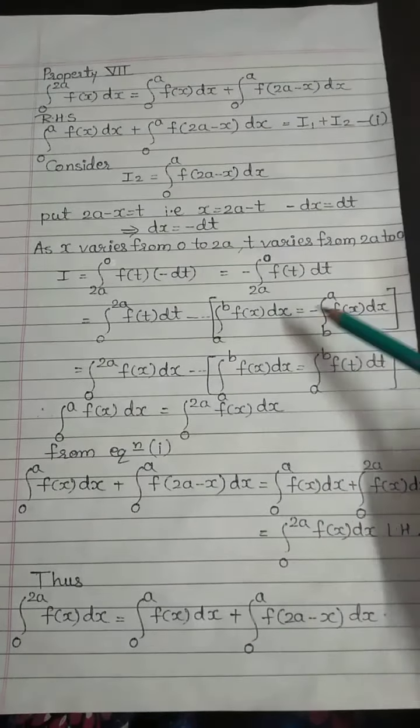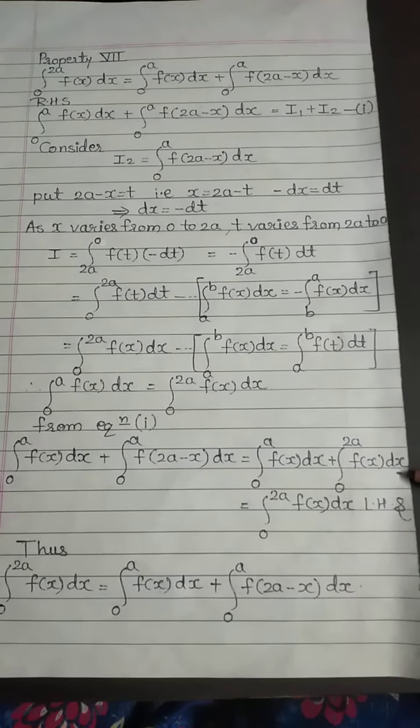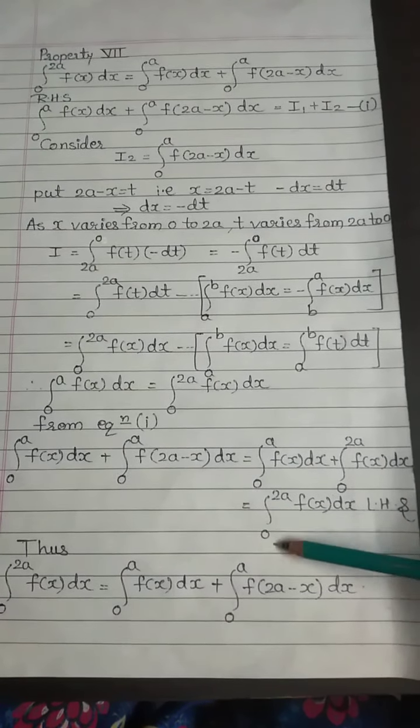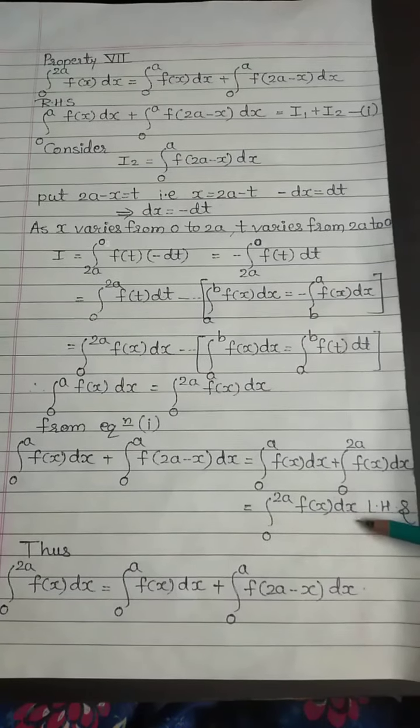We know this property of definite integration. So 0 to a f of x dx we can write as 0 to 2a f of x dx from equation number 1. Now since we have two terms here, the first term will be as it is, and the second term which we have simplified has the value integration 0 to 2a f of x dx.